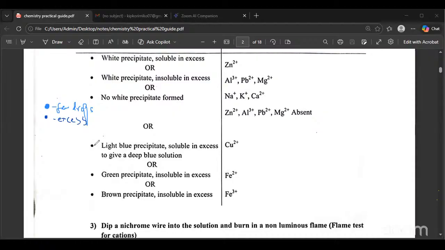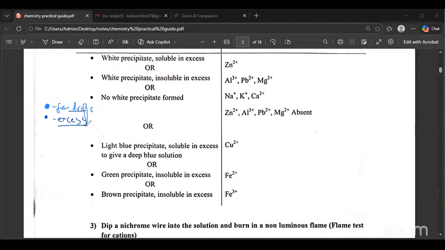So because there's a difference, you are supposed to write that one. That is why I was saying, when you're doing a practical, it is very important to be very keen, that is observing, watching what is happening. So light blue precipitate, which is this one, which dissolves in excess to form a deep blue solution.